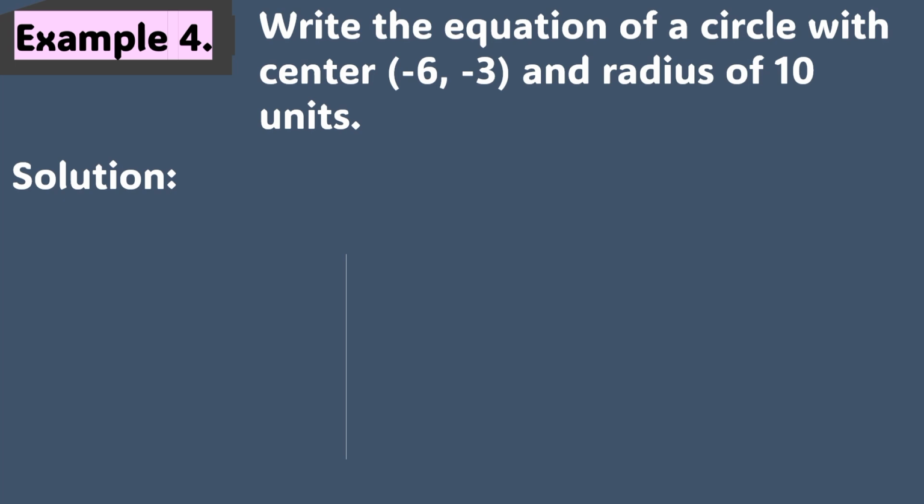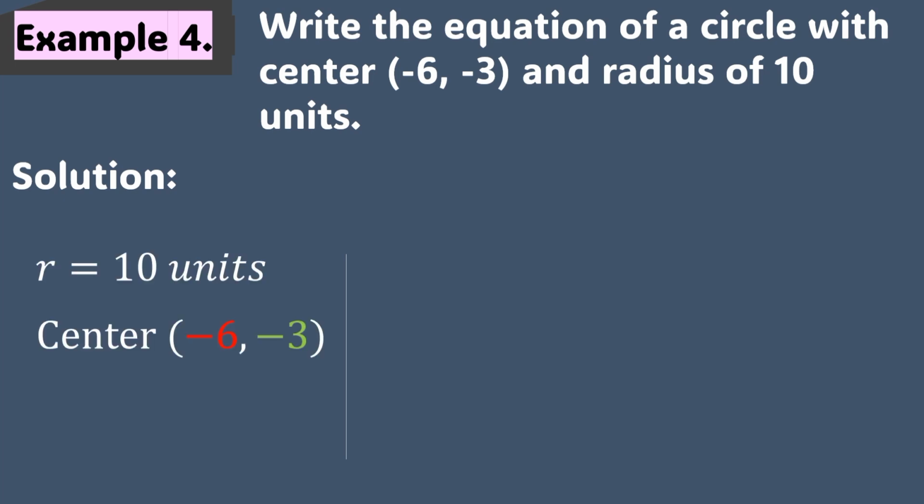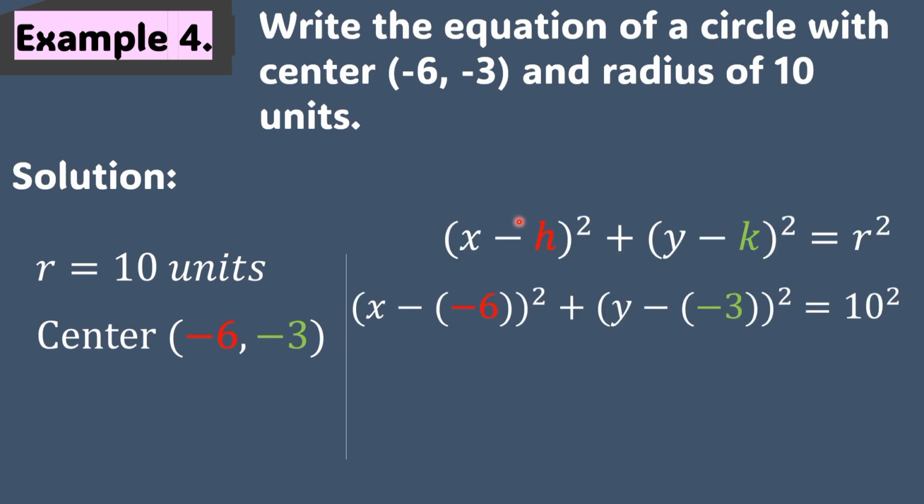Number 4. Write the equation of a circle with center (−6, −3) and radius of 10 units. Of course, r is 10 units and the center is (−6, −3). Substitute the given values into the center-radius form. h is −6, k is −3.